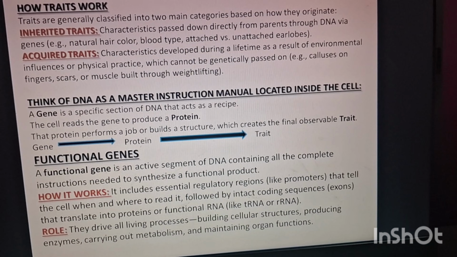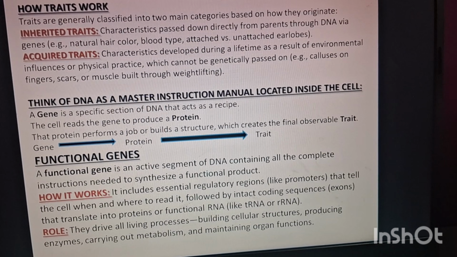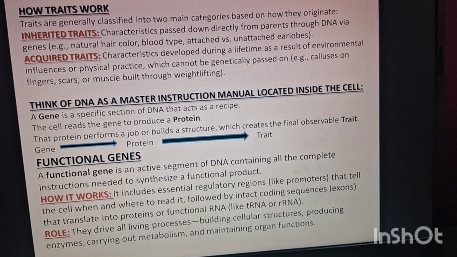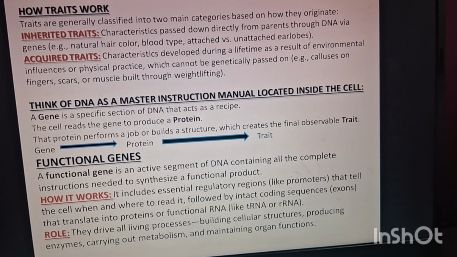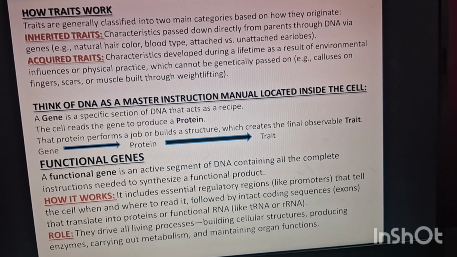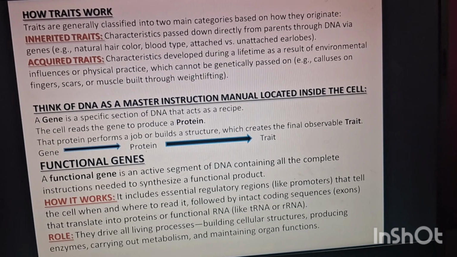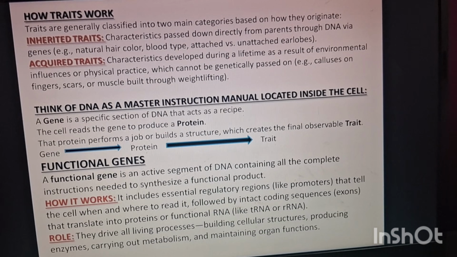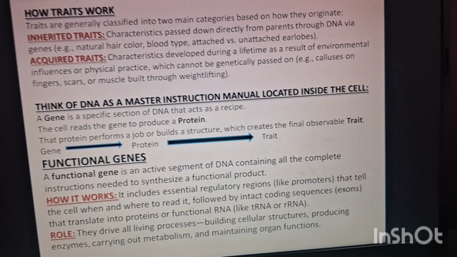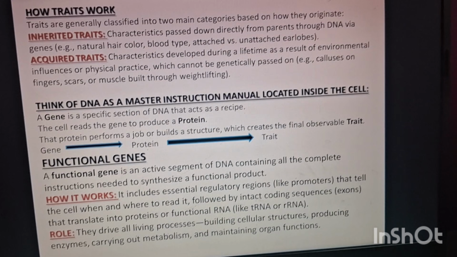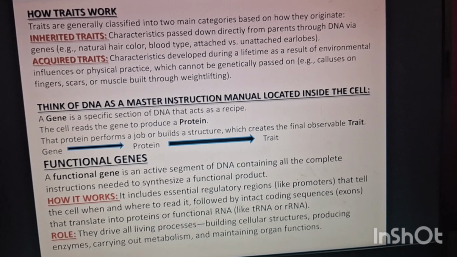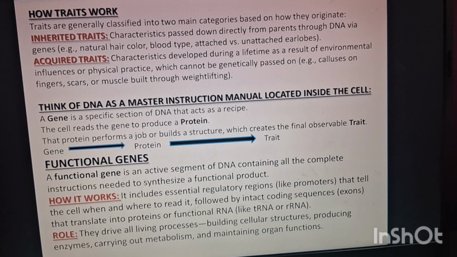It includes essential regulatory regions, like the promoter region, that tell the cell when and where to read it, followed by intact coding sequences, that is exons, that translate into protein or functional RNA like tRNA or rRNA. Next, role. They drive all living processes, building cellular structures, producing enzymes, carrying out metabolism, and maintaining organ functions.